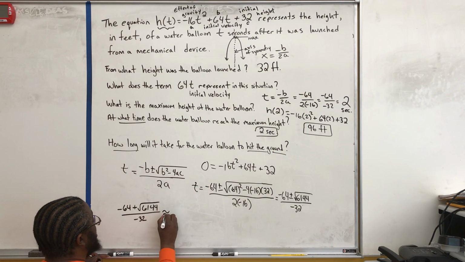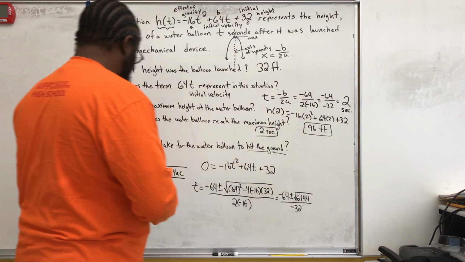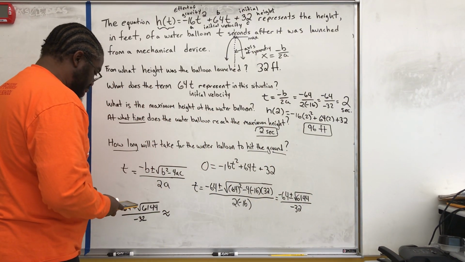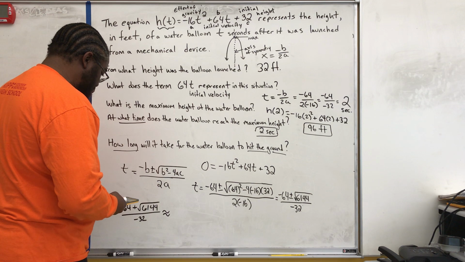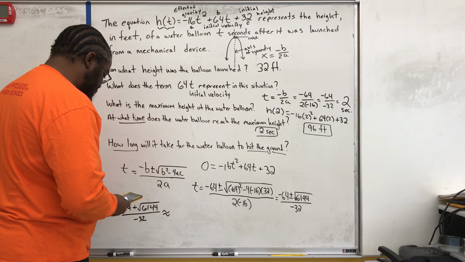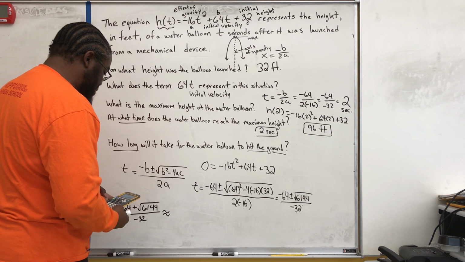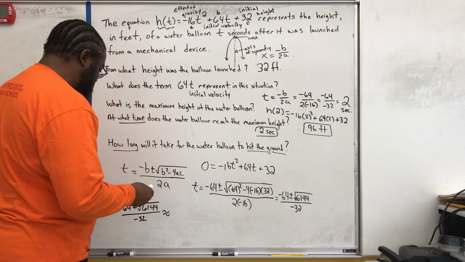So this is going to be an approximation. Let's see what we have. Negative 64 plus the square root of 6,144. Let's see what that equals. We get like 14 point something.